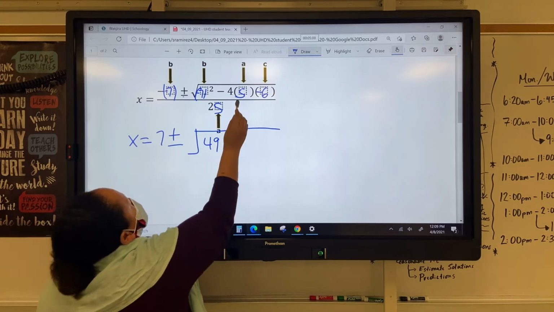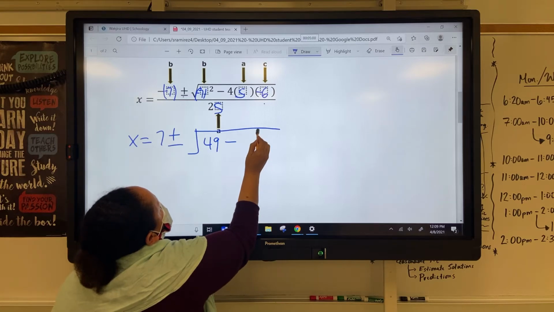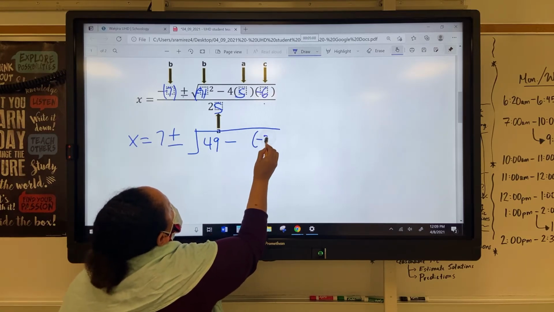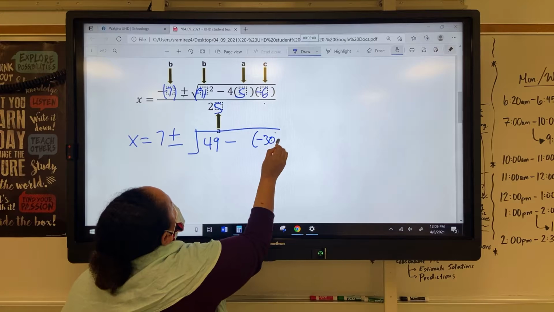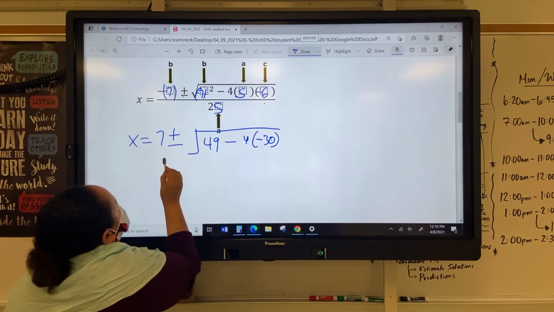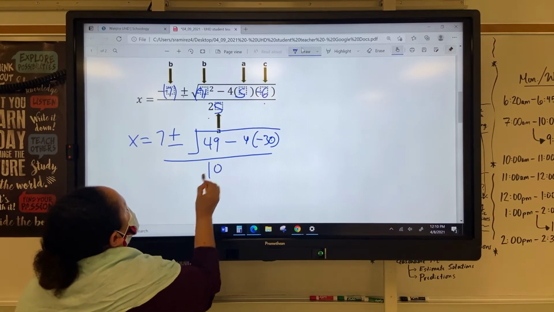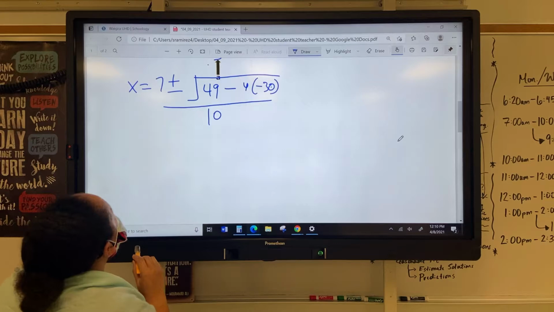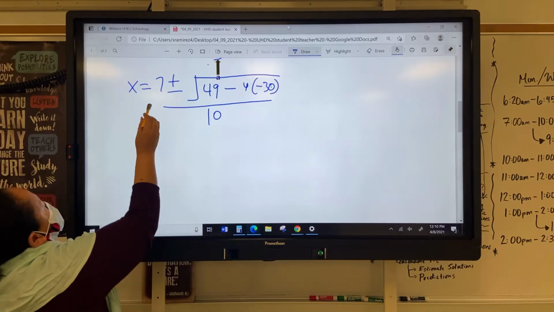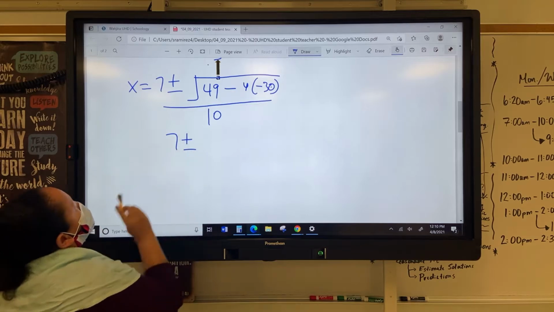Minus, right here 5 times -6 is -30. And we have 4 here. Then the entire denominator, 2 times 5 is 10.